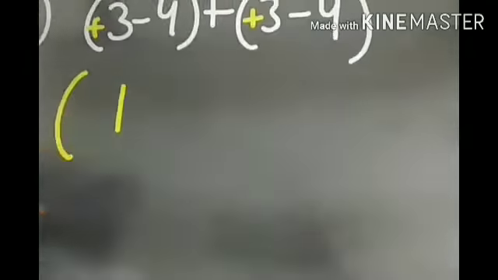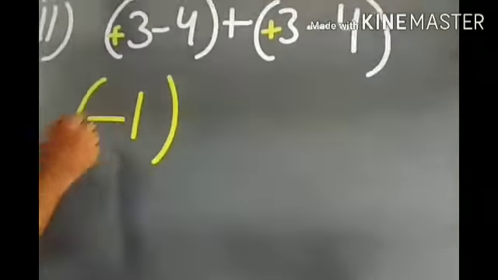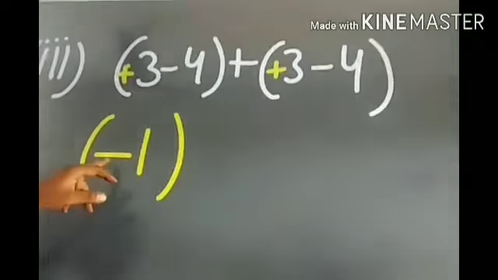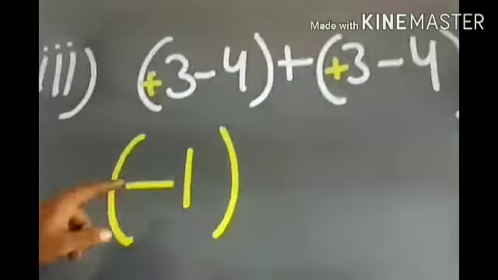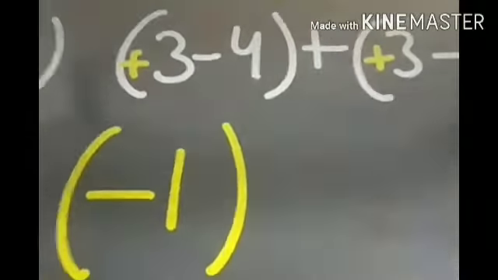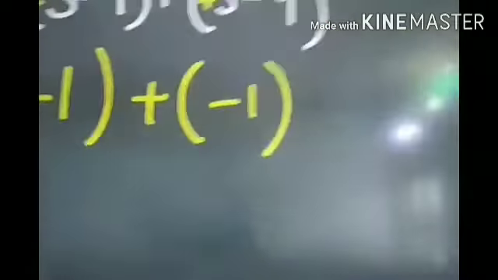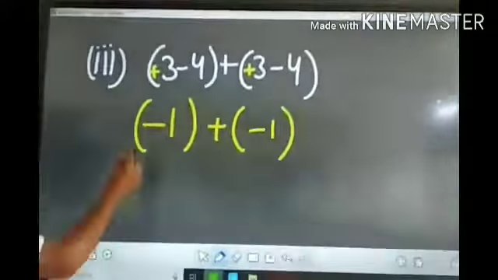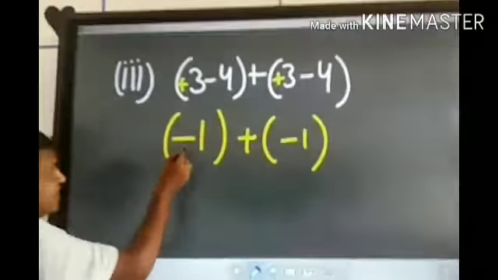Now, what is the symbol I will write with 1? My negative symbol. Why? Because 4 is greater and I will write the symbol of the greater integer. Similarly, in this one, I will write -1. Why? Because both are the same, the answer will be the same. Now, I will apply the rule. This is -1 and there is nothing before the bracket.